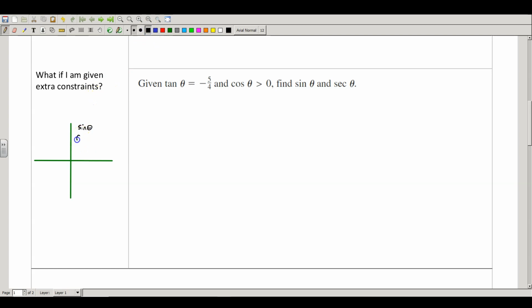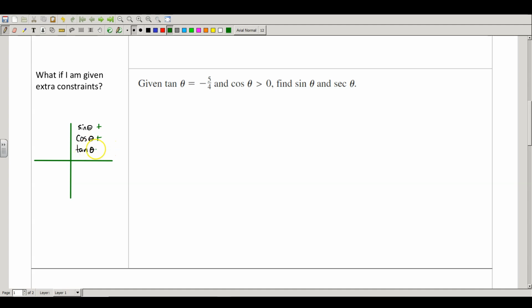I'm going to write sine, cosine, and tangent. In quadrant 1, the sine of any angle there would be positive because the sine is the y value, and in quadrant 1, the y values are all positive. The cosine is the x value, so in quadrant 1, all the x values of those points are also positive.